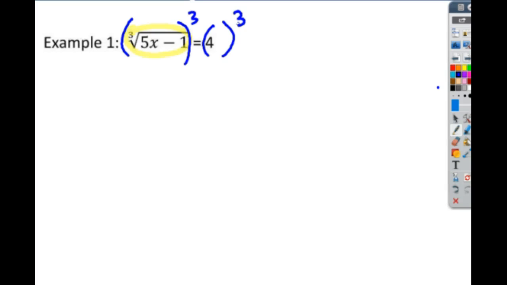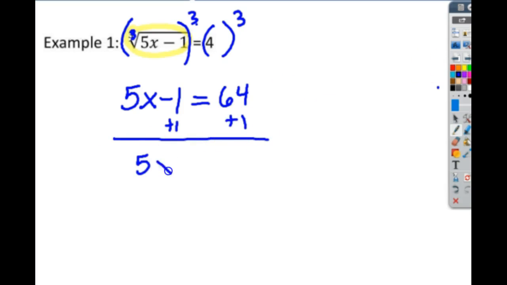This time we're going to raise it to the third power because of this little 3 right here. And the 3's cancel each other out, and this is 5x minus 1. We just did this. What's 4 times 4 times 4? 64. Add 1 to both sides. 5x equals 65.